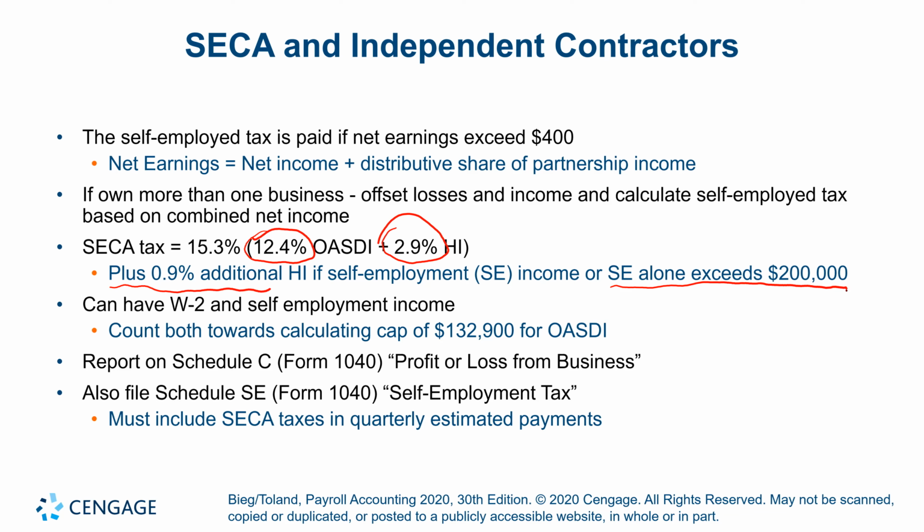So they can have both a W-2 and self-employment income. It's not unreasonable to think that someone works full-time for William Woods University, for example, but then they also got a side hustle or whatever, right? So individuals can have both. It's not one or the other.